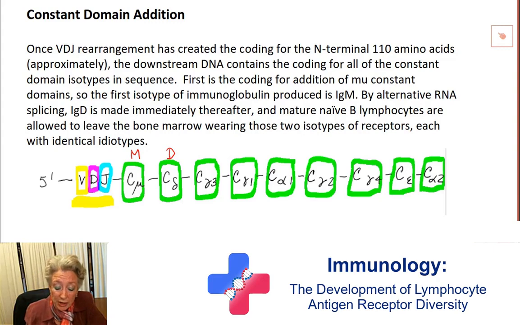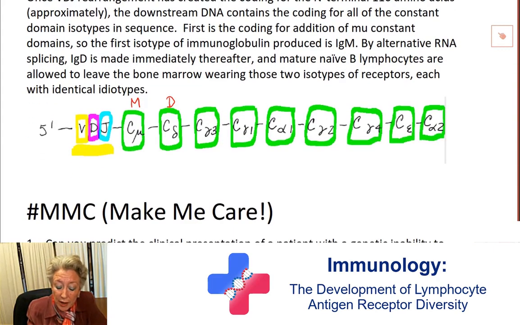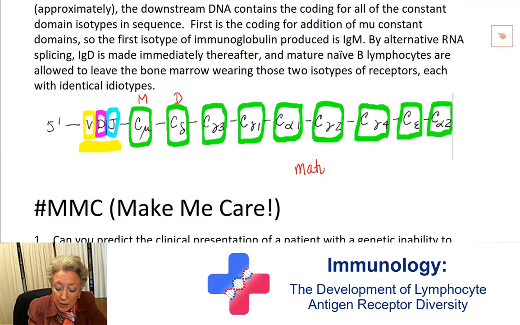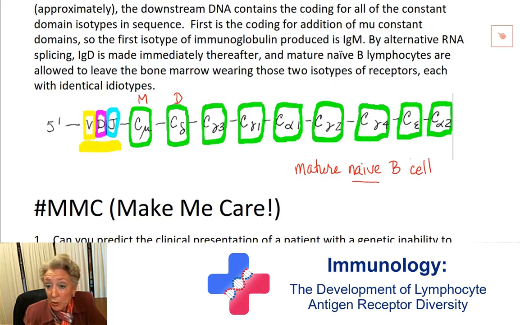But suffice it to say that when we have a mature, naive lymphocyte, meaning a fully functional B cell coming out of the bone marrow, but has not done anything responsible yet, that mature naive B cell has equivalent amounts of IgM and IgD on its surface. And that's the only time in the B cell life that it actually carries two isotypes of antibody at the same time.